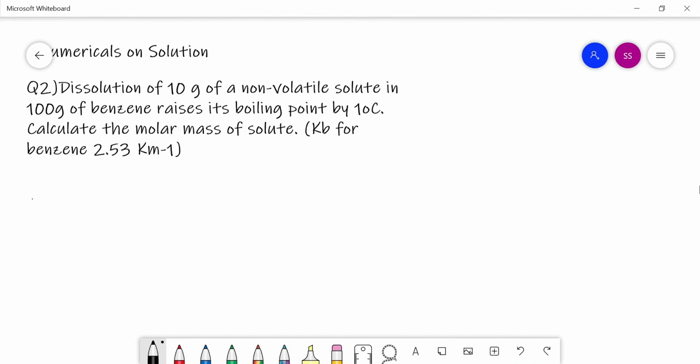Dissolution of 10 gram of a non-volatile solute in 100 gram of benzene raises its boiling point by 1 degree Celsius. Calculate the molar mass of solute. और Kb दिया हुआ है 2.53.